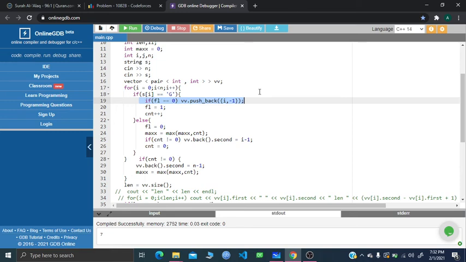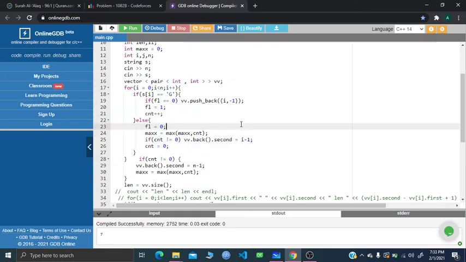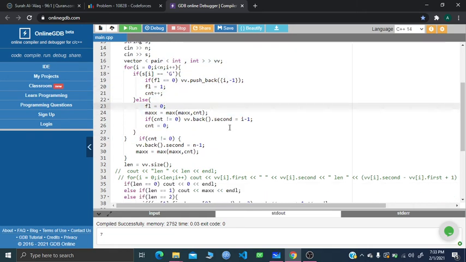Each and every golden group's first index, this is indicating the first index, and this is indicating blank because I haven't yet got the ending index of any golden group. Here I'm doing that part. I'm inserting the ending index of my golden group. That's why I have taken a pair vector to collect all those golden groups' first and last index.